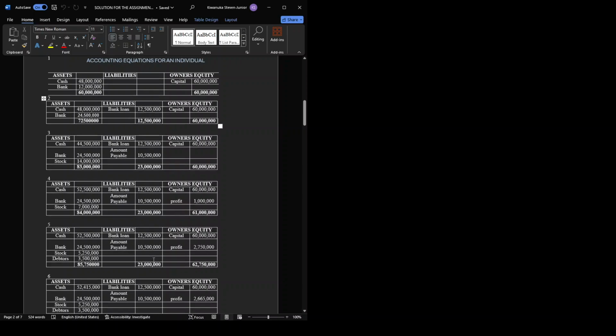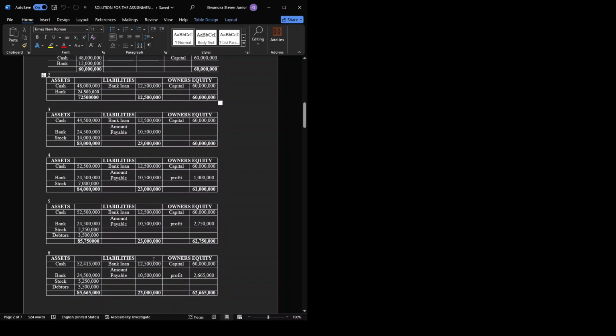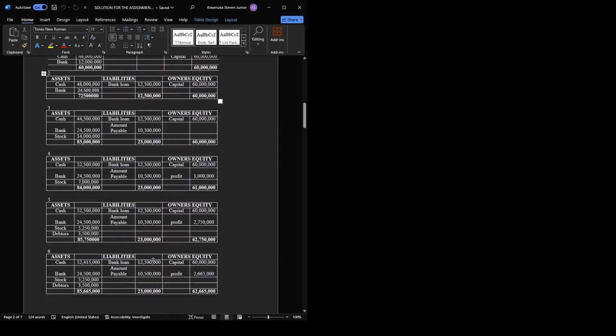Then under 6 they are saying he paid rent of 85,000 by cash. That means the rest will remain unchanged, but rent always affects profit, so you get this minus 85,000, and you get this one. Cash will reduce by 85,000.